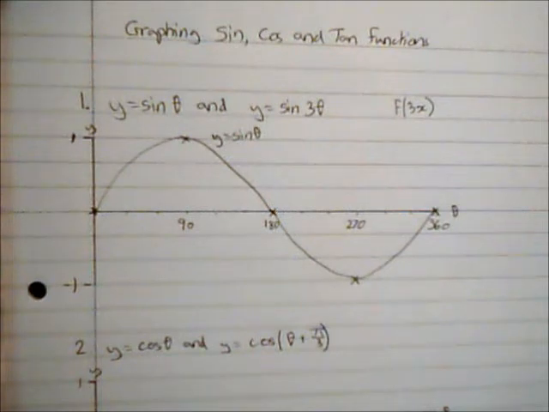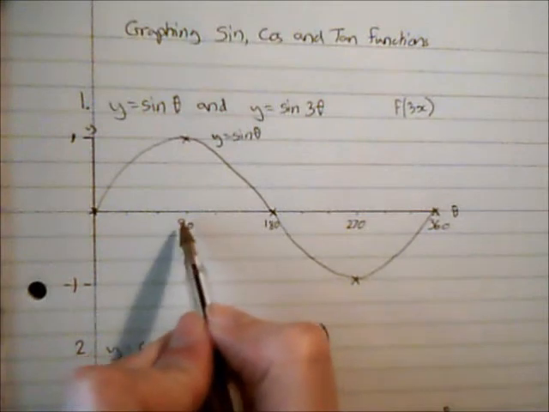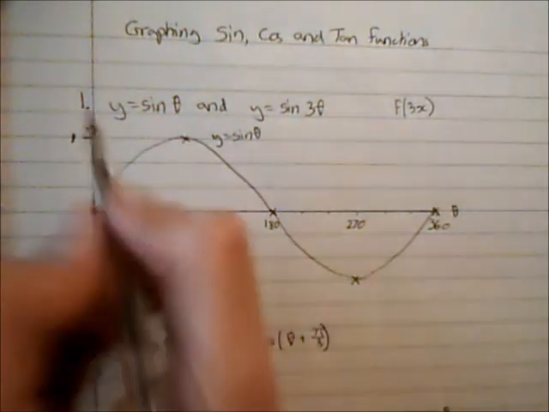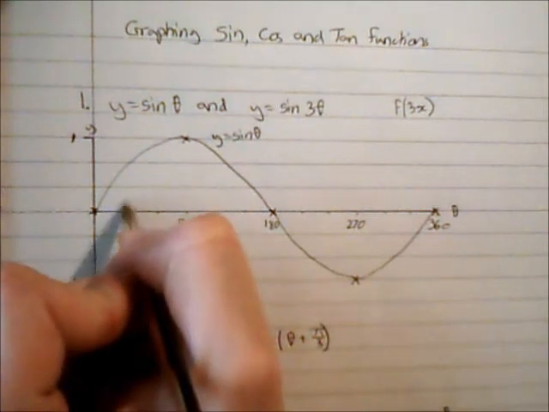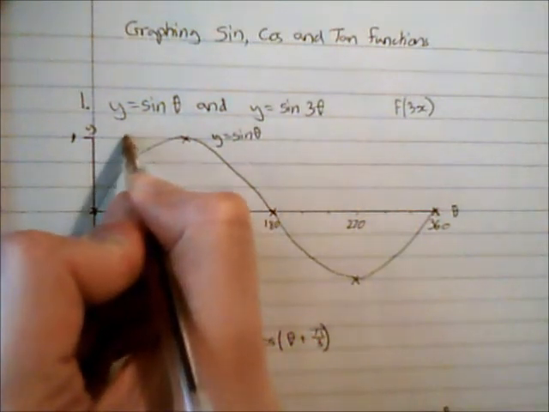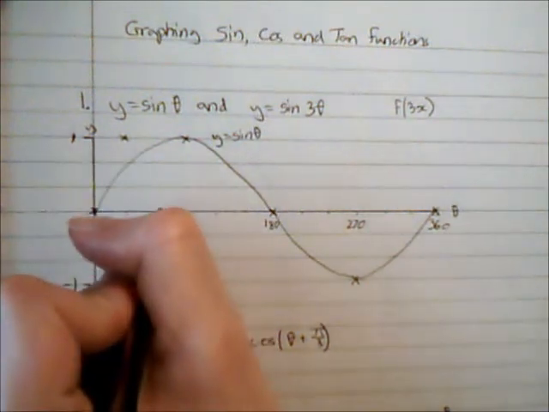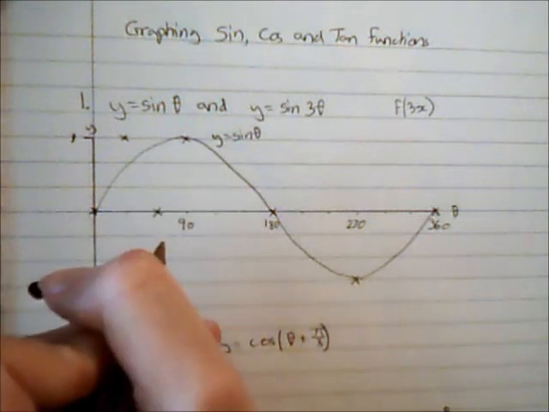So what will this do to the shape of our graph? Well, I've conveniently split this axis so it's in thirds. So sine 3 theta, instead of having a peak at 90, is going to have a peak there at 30. It's going to cross at 60.